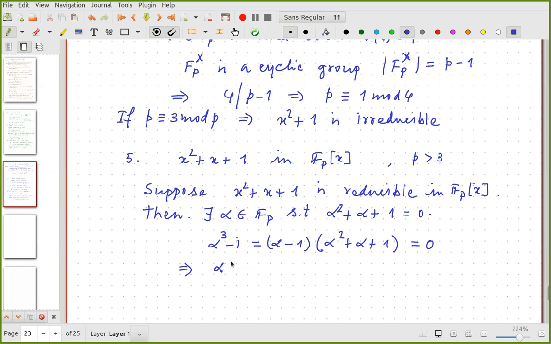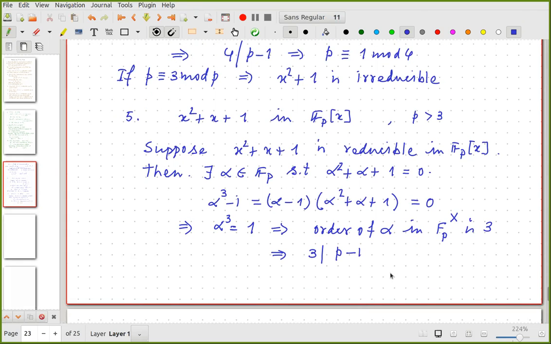So alpha cubed has to be 1, and so the order of alpha in the multiplicative group is 3. Therefore, just the same as the previous, the order of this element should divide the order of the group, which is p minus 1, and therefore p is 1 mod 3.